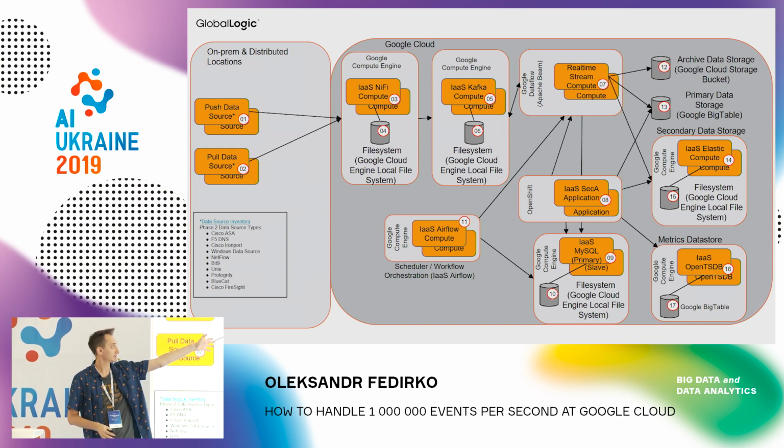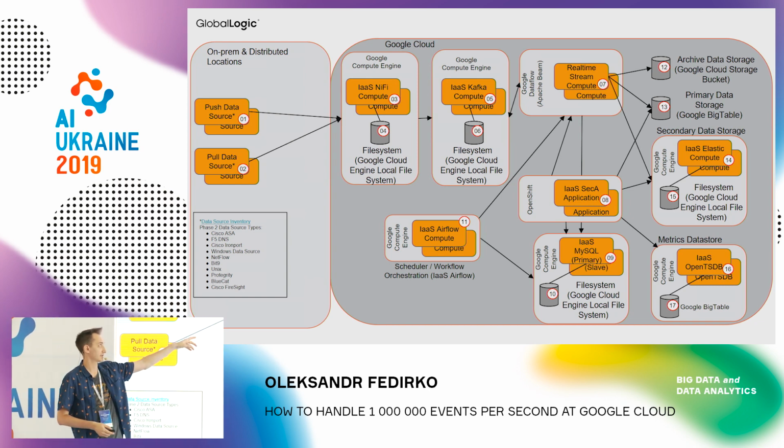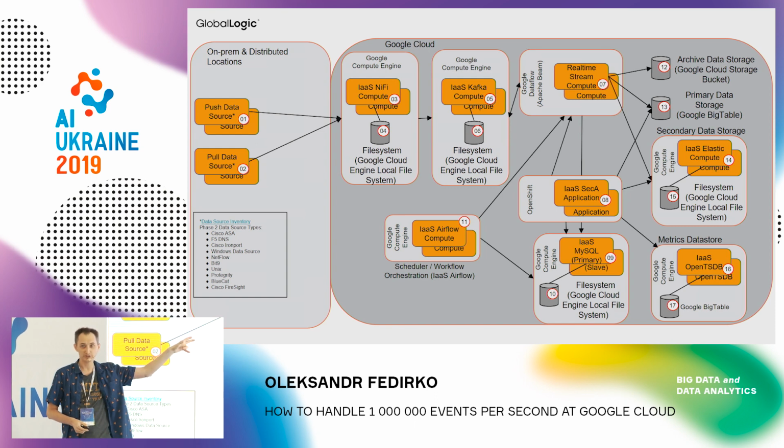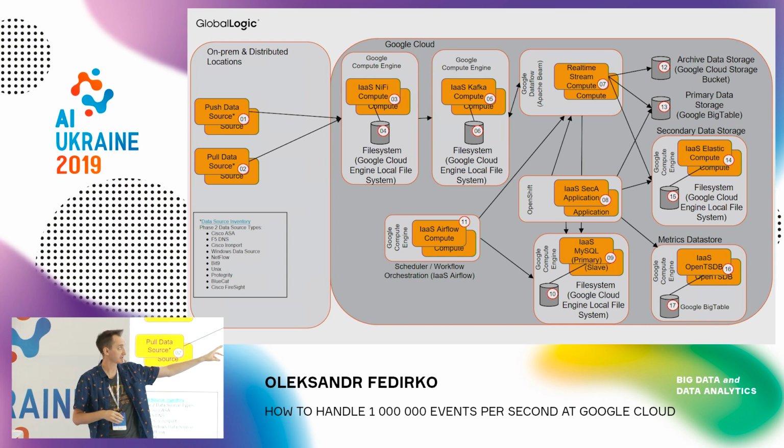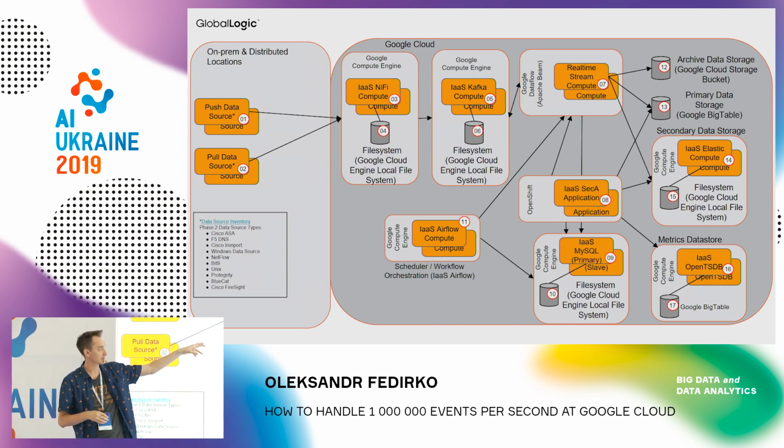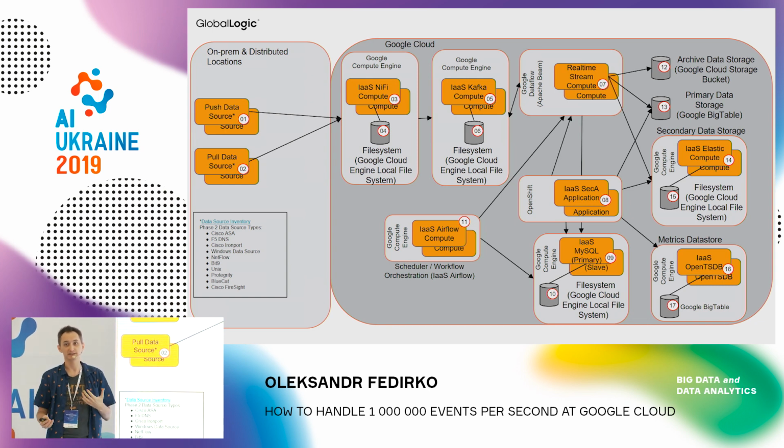Then we do real-time stream processing. That's where Dataflow comes into the game. Then we have a couple of storages. We have to archive messages as is. We have to store them for quick analysis in a key-value storage, that was Google Bigtable, columnar storage. And of course, a secondary index in Elasticsearch.